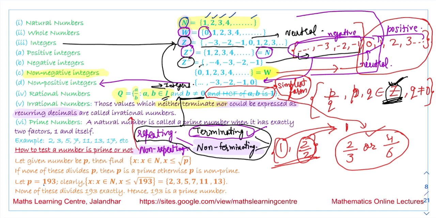The details of these you can refer to chapter 1 of class 9. The next definition we have is the prime numbers.